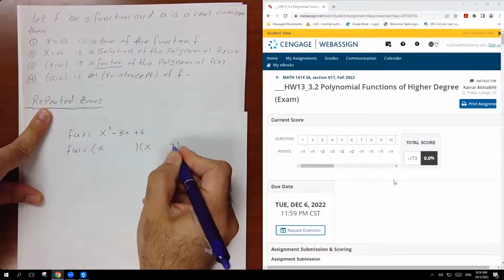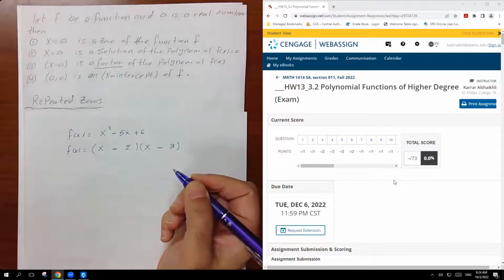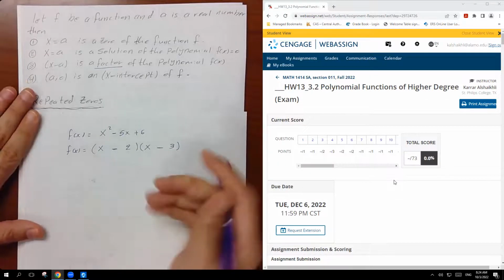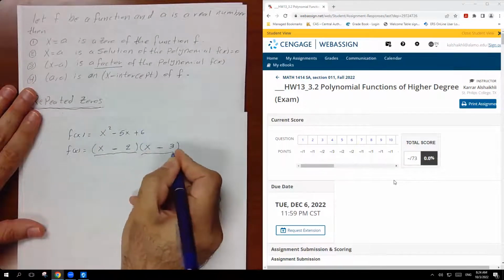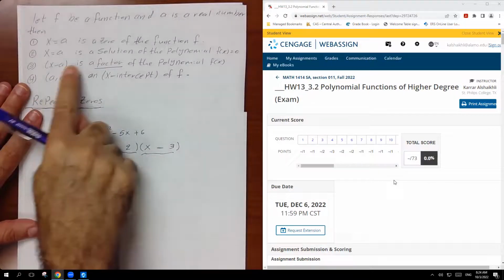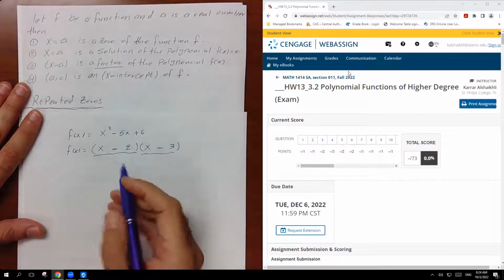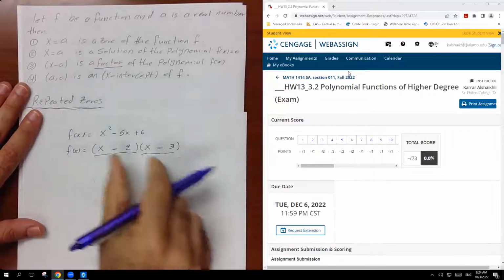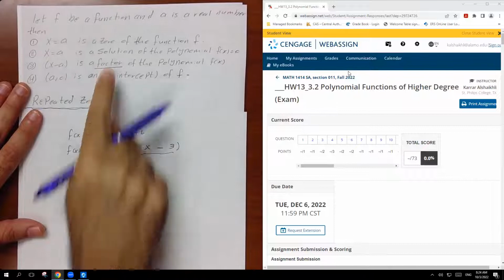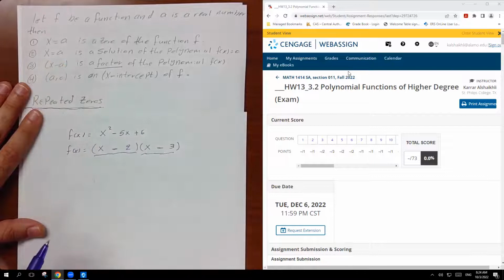I can use a 3 and 2, minus, minus. So I just factor the polynomial. These are 2 factors, x minus 2 and x minus 3, because x minus a is a factor of the polynomial f of x.